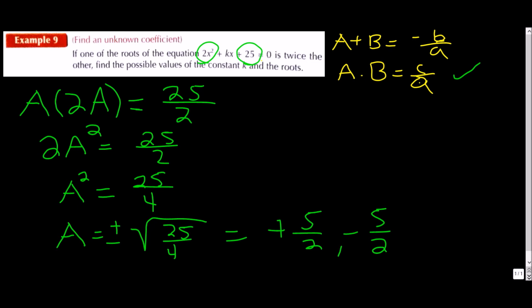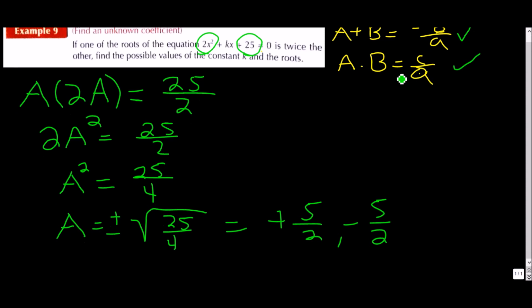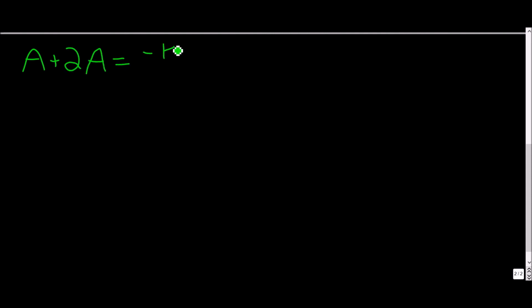Now what we want to do is move on and try to figure out how I figure out what k is. Okay, so k represents this negative b value. So I can use that to help figure out where to go from there. So I'm going to move down the page. I know that the sum of my roots, again, so I've got alpha plus 2 alpha equals negative k over 2. So that's just what we had before.